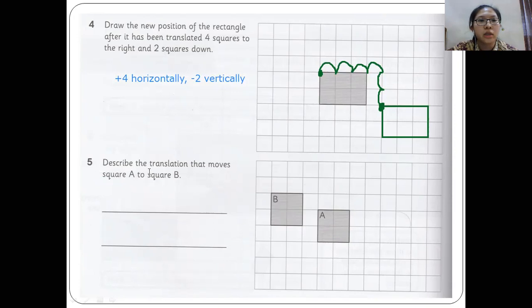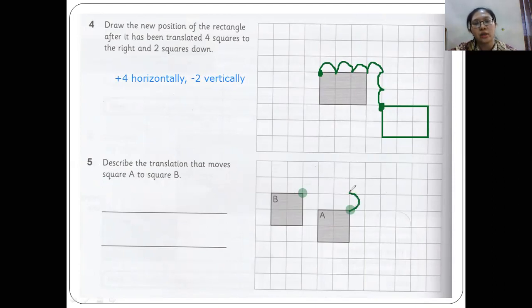Okay, let's see question number 5. Describe the translation that moves square A to B. Okay, let's see how we move A to B. Look at it. From here, we see this point being translated to this point. How? See, it's going up 1, only 1.